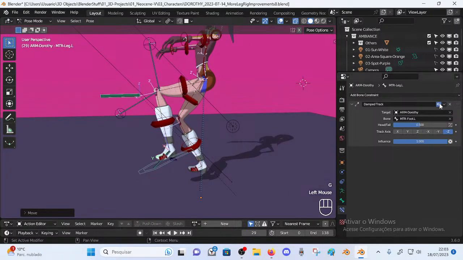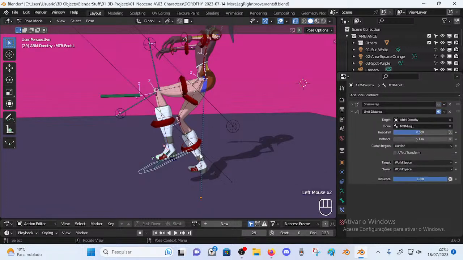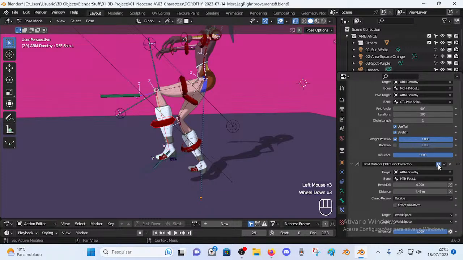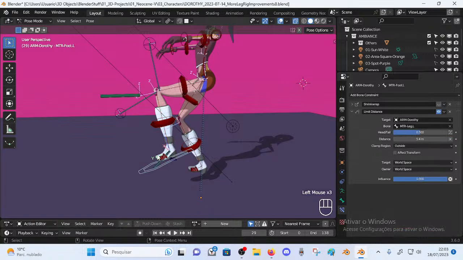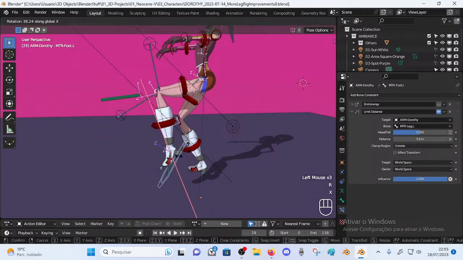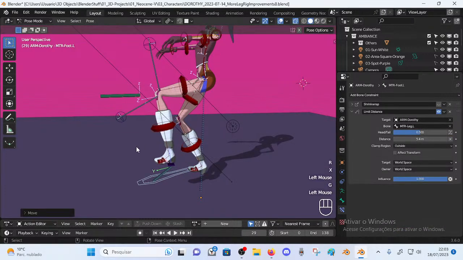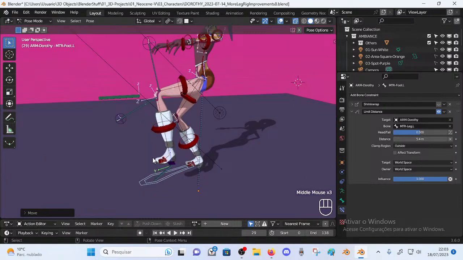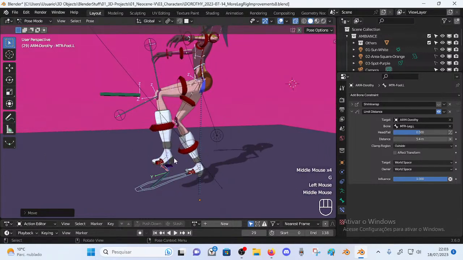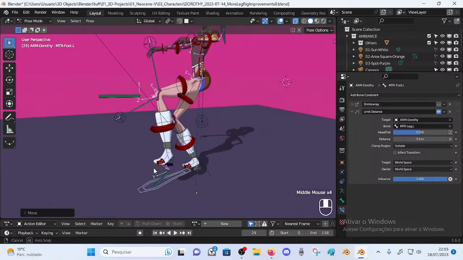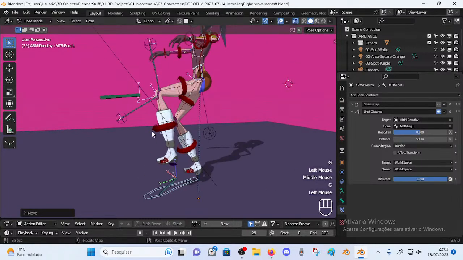I only would use that feature here when I need to have a good pivot there for the foot. And well, when we are animating the foot, we probably won't have lots of pivoting functionalities, so that's probably not a good idea.